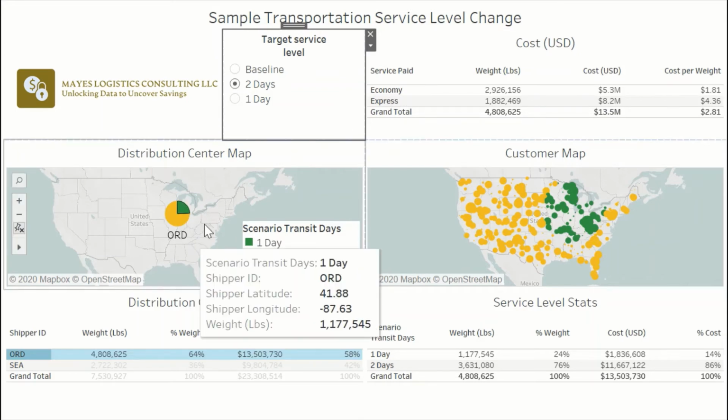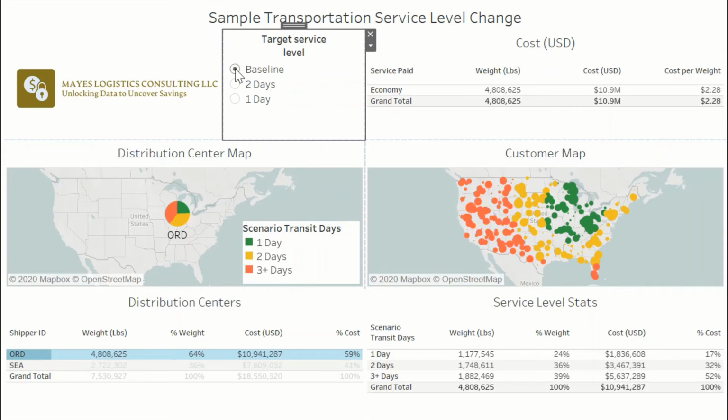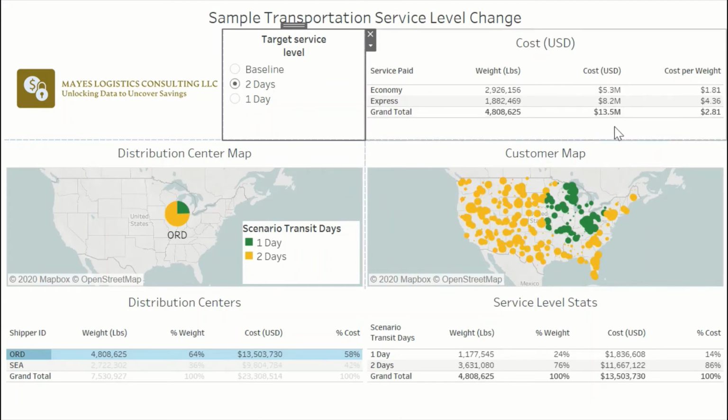So for volumes flowing from Chicago, in the baseline, that cost 10.9 million. But if you want to reach all customers within 2 days, then your transportation cost out of Chicago is going to go up to 13.5 million.